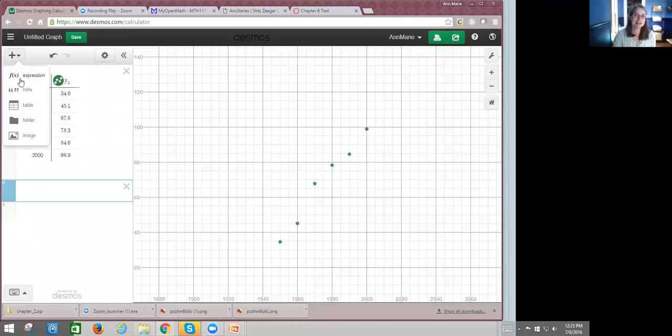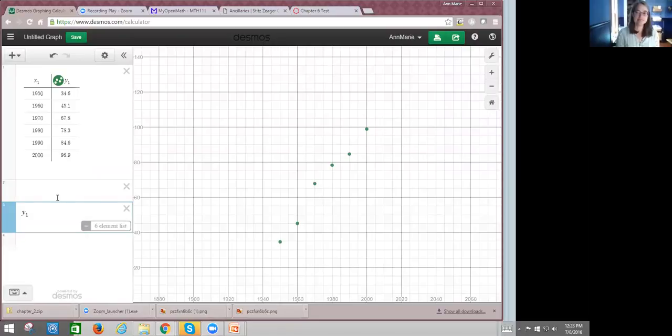Here's what we do. We can add an expression, and we're going to type y1, just y and then 1, and then tilde. This is the little squiggly character you sometimes see over the n in Spanish writing or other languages.